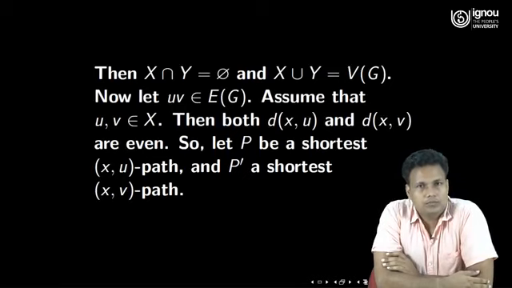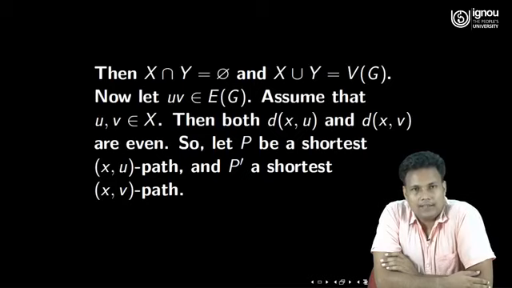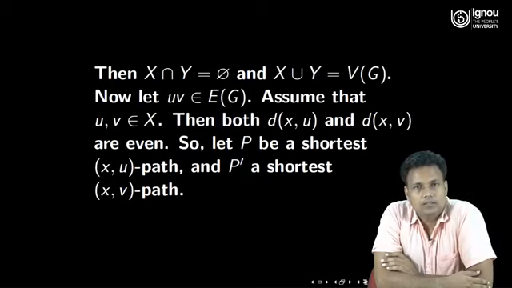So, let us choose any edge uv of G. Assume that u and v both lie in X, and let us see what happens. Both lie in X means the distances d(x,u) and d(x,v) both are even, right?